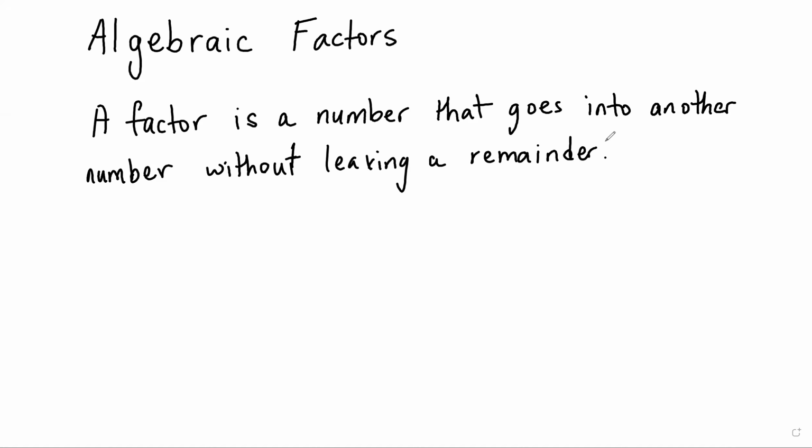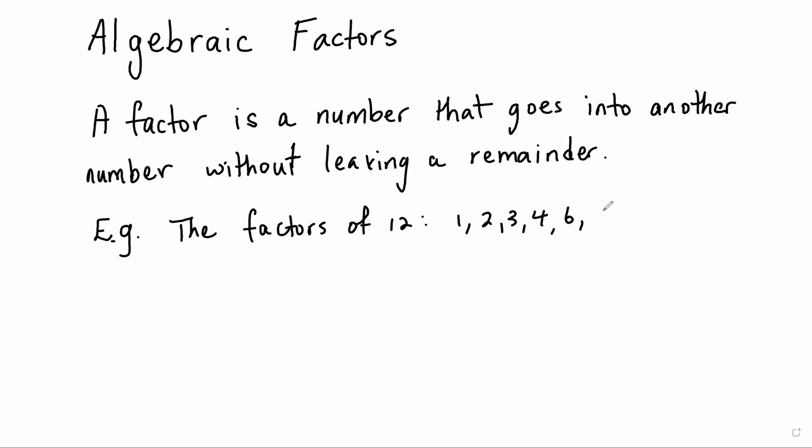So some examples would be the factors of, I think Soraya said 12 just now. The factors of 12 would be 1, 2, 3, 4, 6, and 12. Those are all factors of 12 because they can all go into 12 without leaving a remainder.